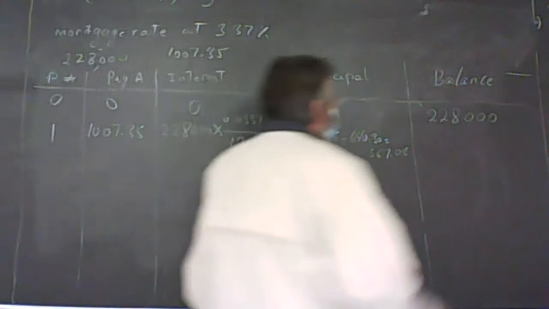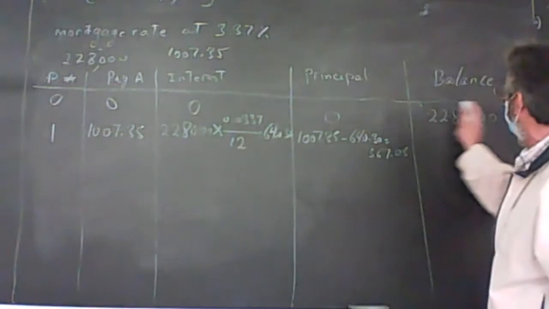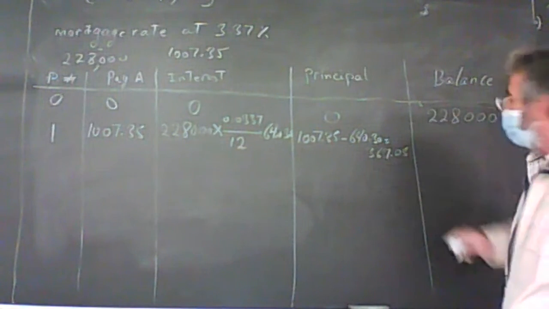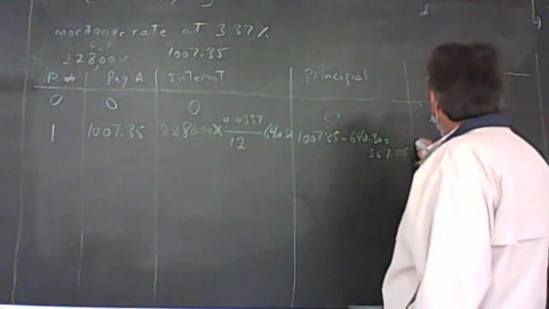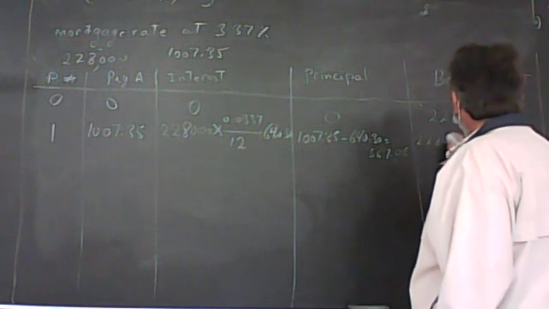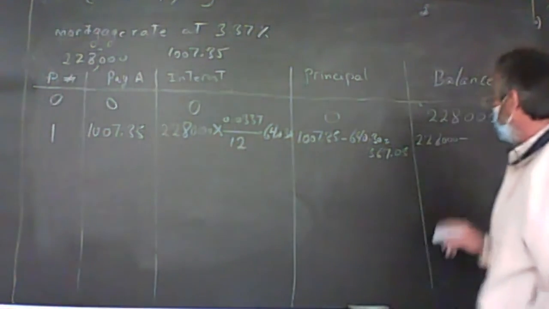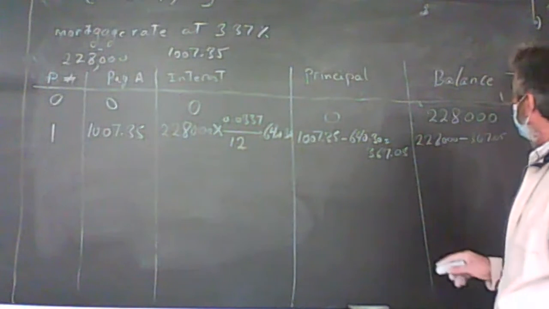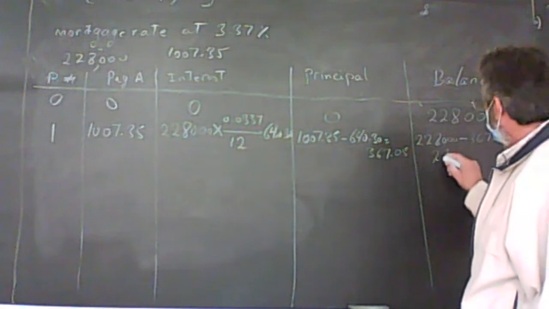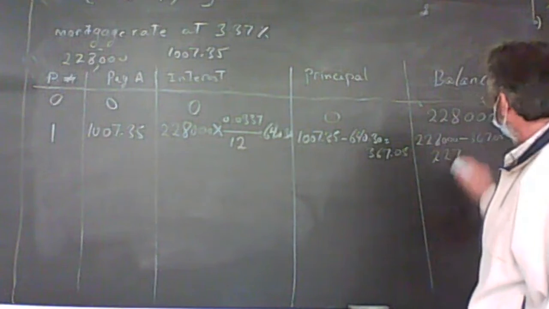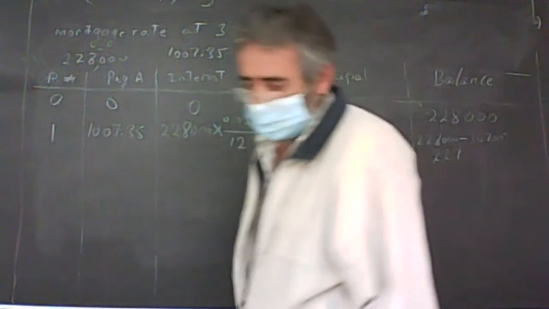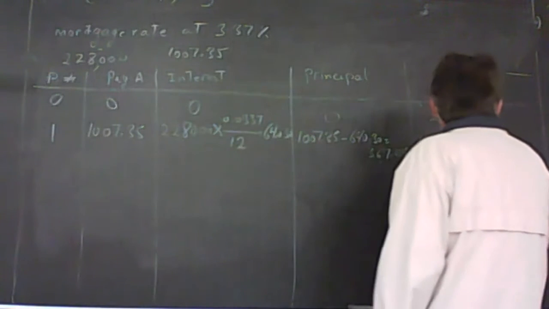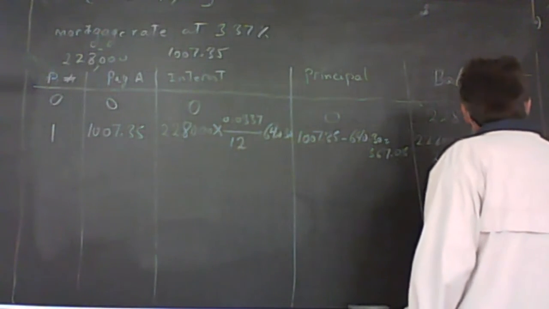To figure out how much you owe, the difference would be 228,000 minus 367.05, and that should give me 227,632.95.